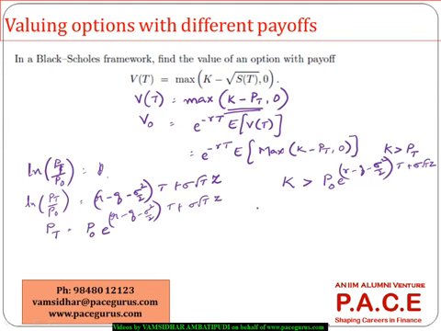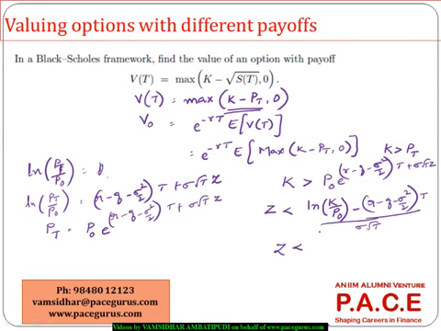The other way of saying this is that PT is less than K. Whenever I am saying this is less than K, the other way is saying Z is less than log(K/P0) minus (r minus q minus sigma squared by 2) T, divided by sigma root T.